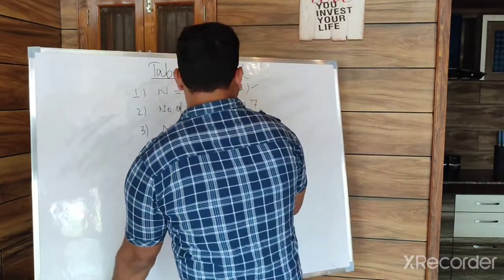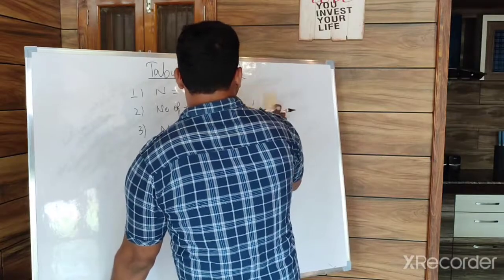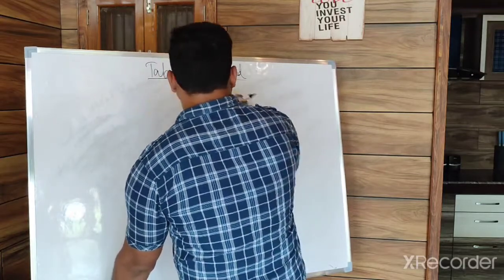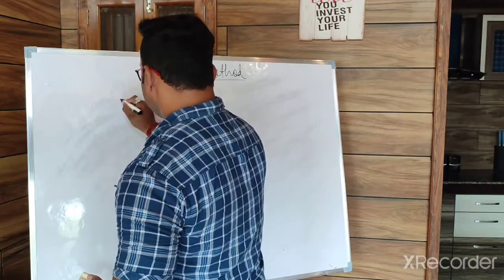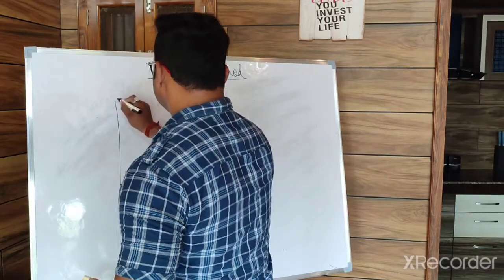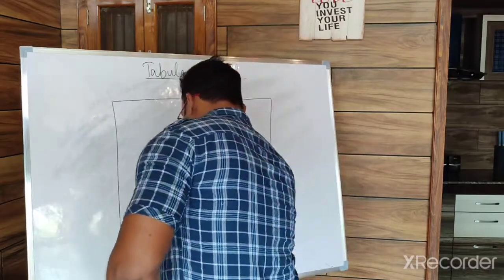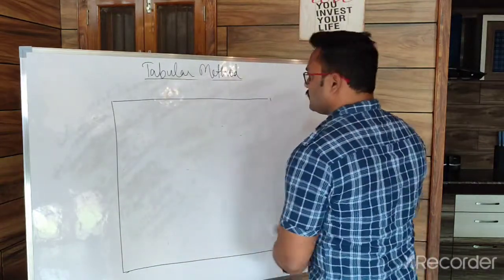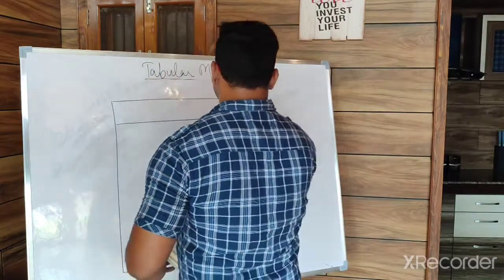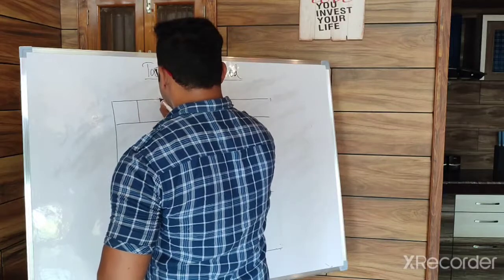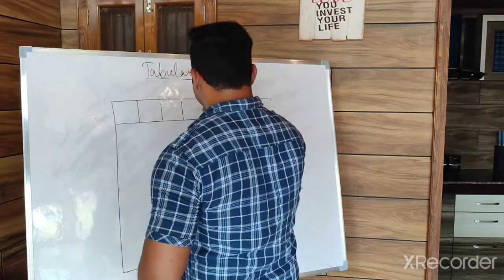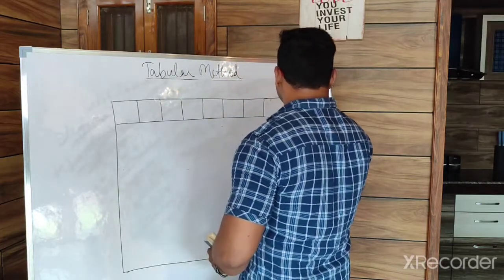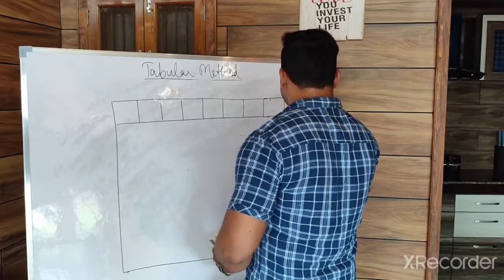We have calculated. I hope you have understood. So now we are going to make the boxes. 9 boxes we have to make. Suppose 1, 2, 3, 4, 5, 6, 7, 8 and 9.